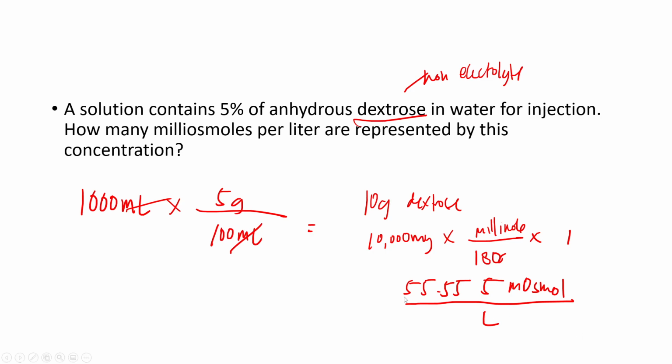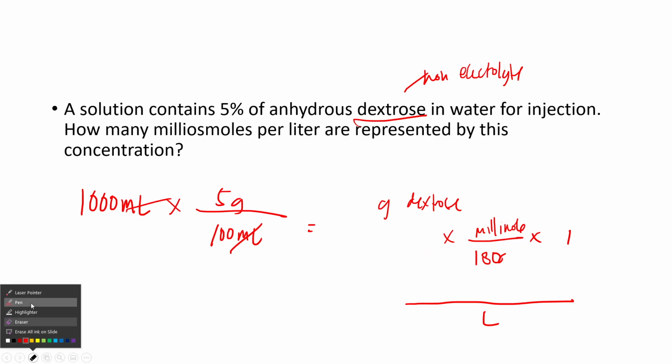I miscomputed. It's not actually 10 grams. I had an idea that it would be the same as 0.9. So it's actually 1000 times 5 divided by 100, which is 50 grams of dextrose.